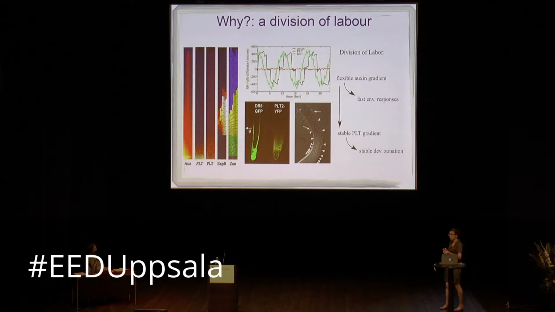But because there is this long time scale in influencing plethora transcription, it remains almost perfectly symmetric. And because there's another long time scale in plethora movement and in plethora degradation, the protein gradient remains symmetric. And the only thing that happens is that because here in the expansion zone we have high auxin levels, this is suboptimal, expansion rates decrease, these cells don't become long so fast, so this zone shrinks and the differentiation zone moves in.